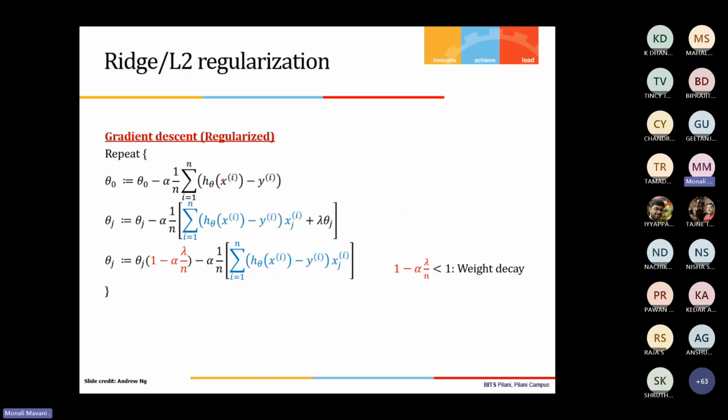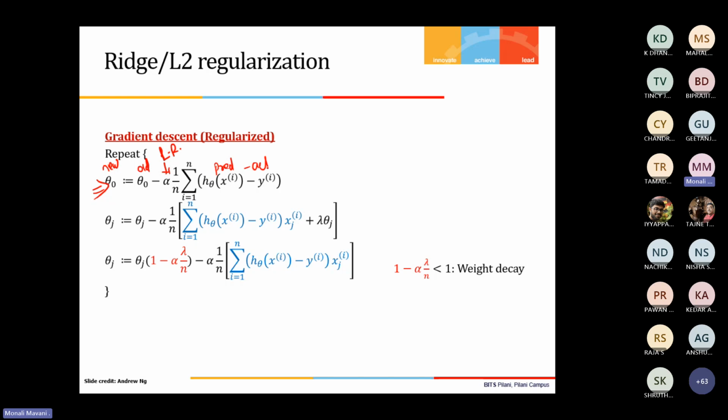Now we are changing the cost function. That means our gradient update rule will change, but the gradient update rule will not change for theta 0. So the new value of theta 0 is still the old value of theta 0 minus alpha, this is our learning rate, and 1 by n times prediction minus actual. So it's not changing.